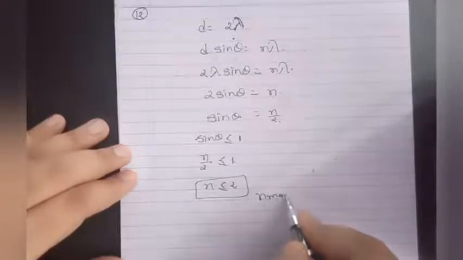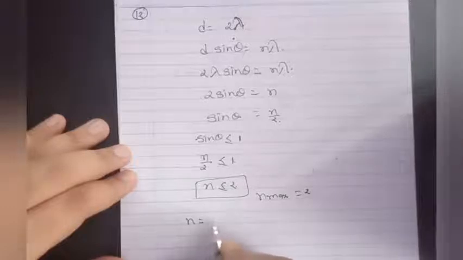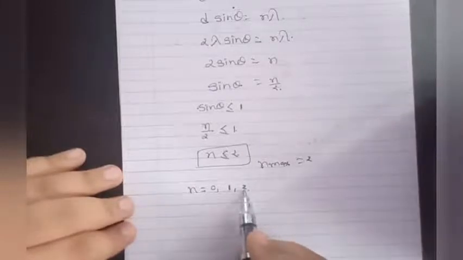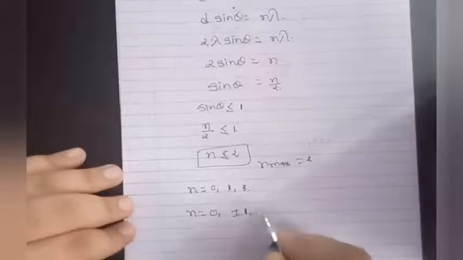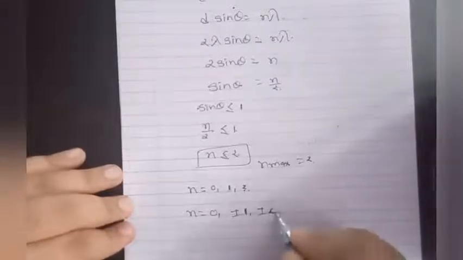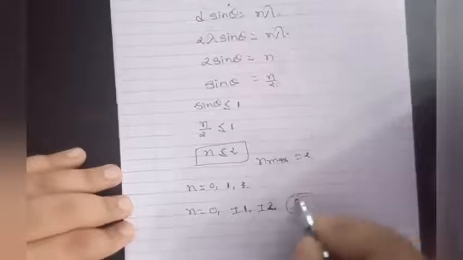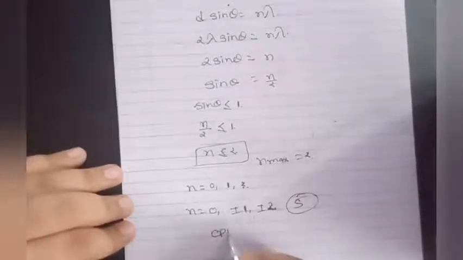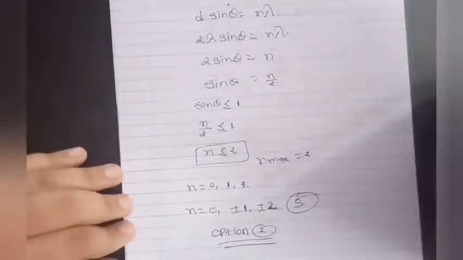So n max is equal to 2, that is n is equal to 0, 1 and 2. For these values we get n is equal to 0, plus or minus 1 and plus or minus 2. So the maximum number of possible maxima will be a total of 5. So option 2 is the correct option.